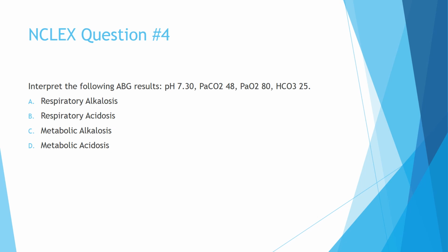Respiratory acidosis, B. Interpret the following ABG result: pH 7.5, PaCO2 of 40, PaO2 of 88, and bicarb of 29.